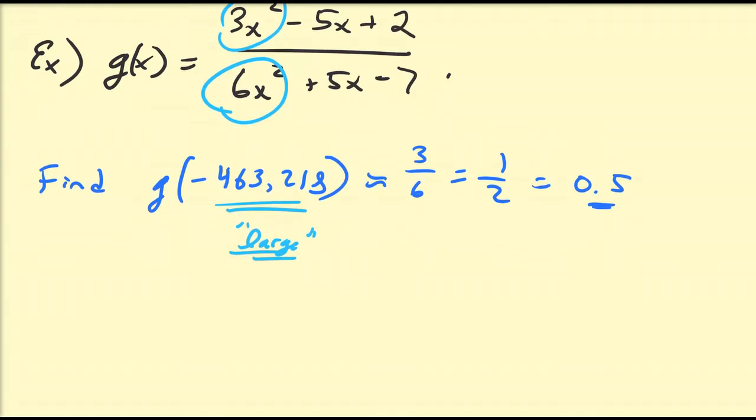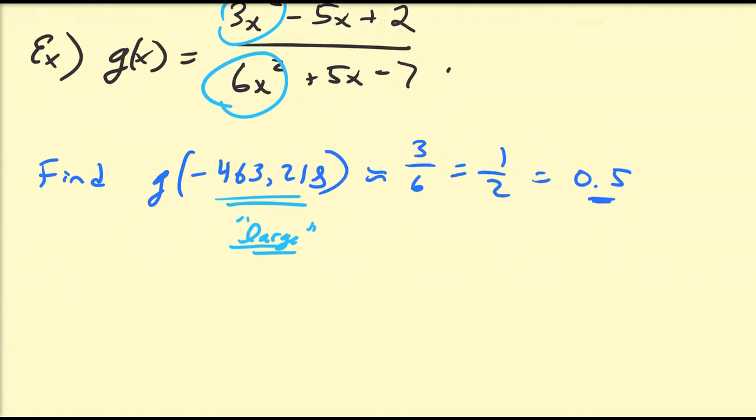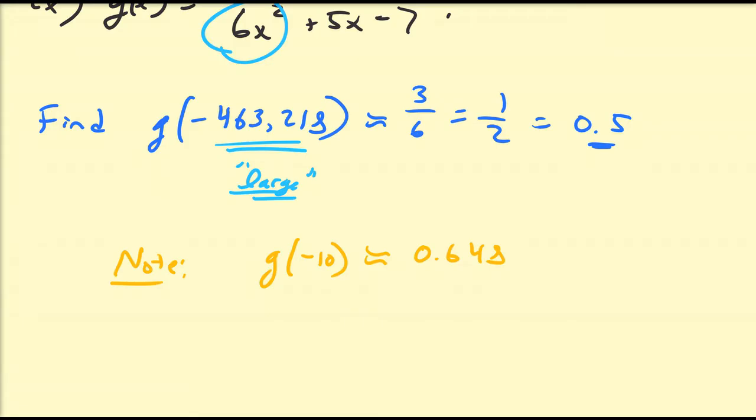Now you can numerically test this claim to see how accurate it is. So let's look at a couple values. Let's go to negative infinity from the right hand side. So g of negative 10 is going to be equal to 0.648. If you plug in negative 100, you're going to have that this is going to be approximately equal to 0.513.